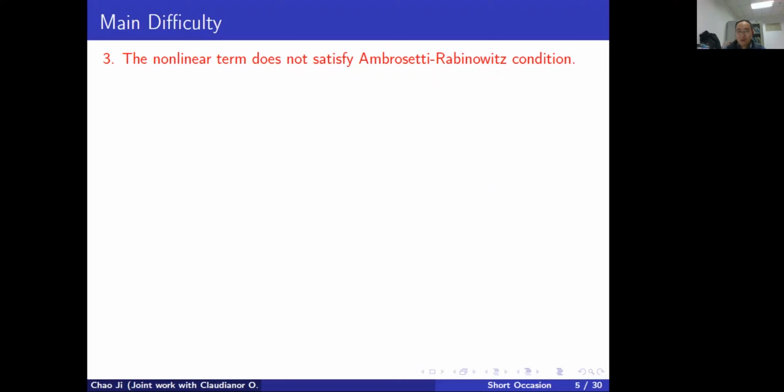I think you all know the AR condition, so you can try it directly. It's standard.